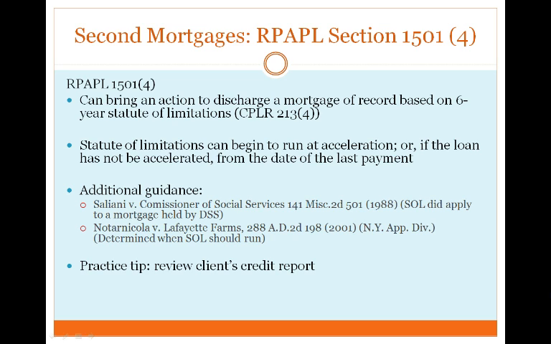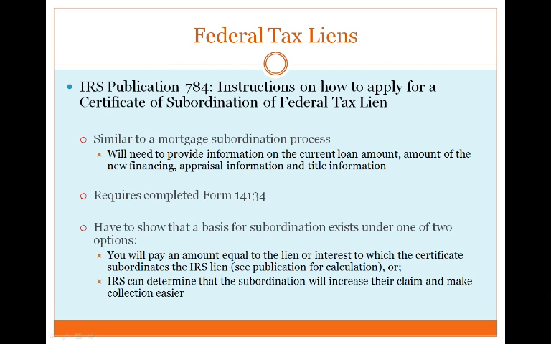And you are going to want to put in your pleadings exactly when they stopped paying. And sometimes we have had cases where we do this and the second mortgage doesn't respond at all, and it's easily granted.